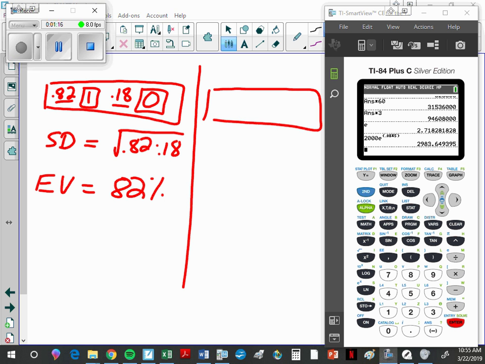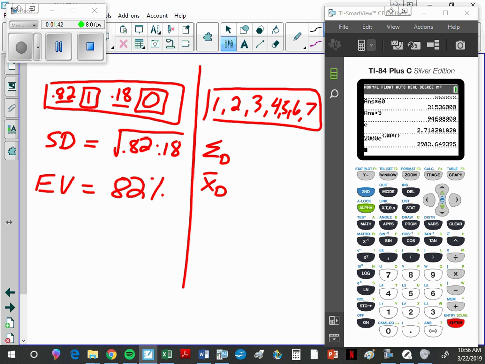So we could have, say, 1, 2, 3, 4, 5, 6, 7. Now, with this box, we can do two different things. We can either calculate the sum of the draws or the average of the draws.